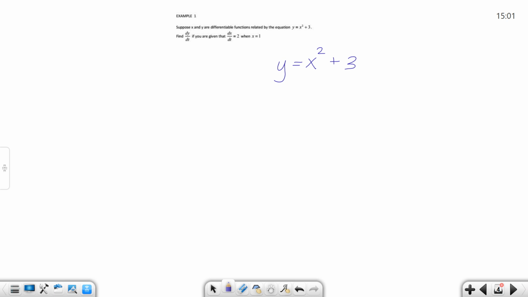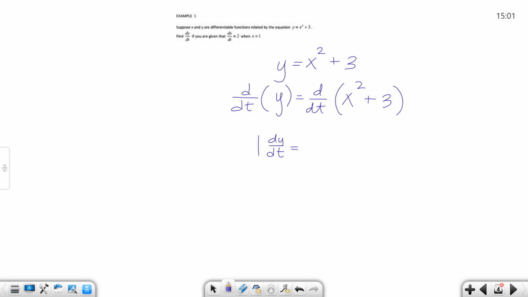So since I'm taking the derivative with respect to t, I'll do that on both sides. The derivative with respect to t of y would be 1 dy dt.